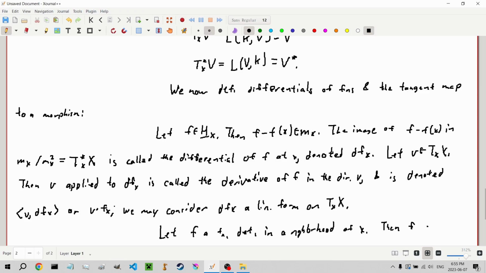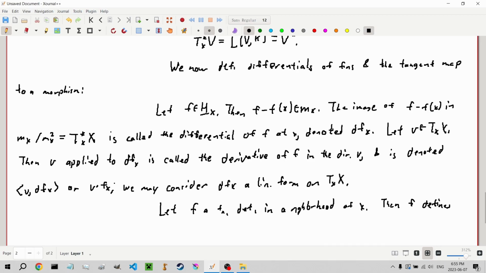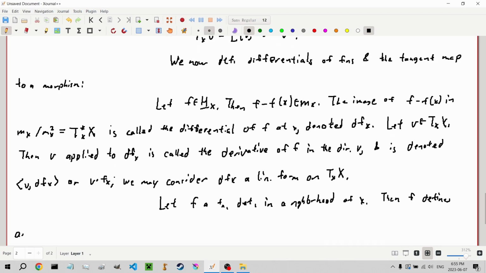Then f defines an element of h underline of x, and hence a linear form df of x on the tangent space at x.